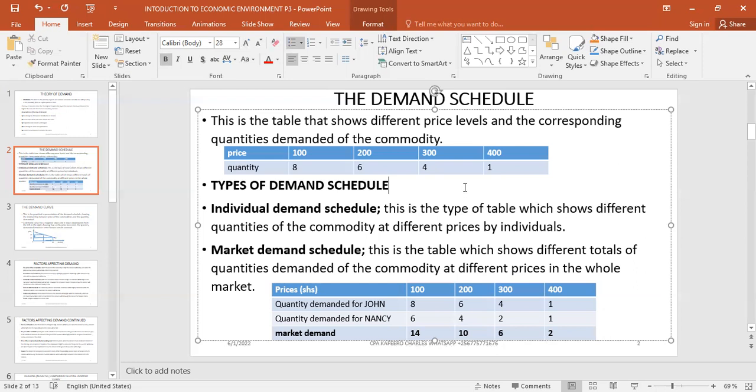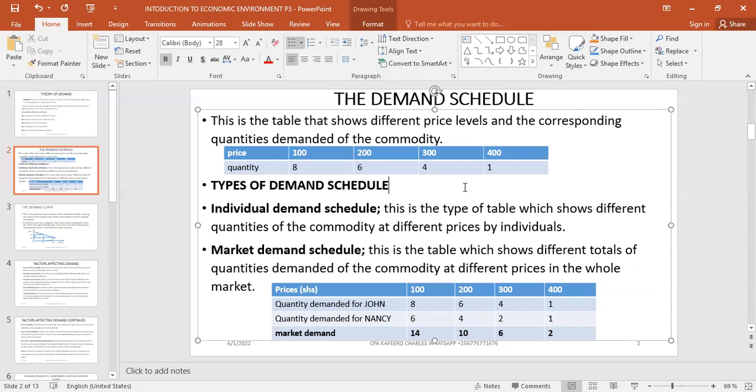As you compare, when the price increases by 100 and it becomes 200, John, instead of buying more than what he bought at 100, rather reduced the quantity he was purchasing from the market, and he bought 6 units and Nancy bought 4 units.